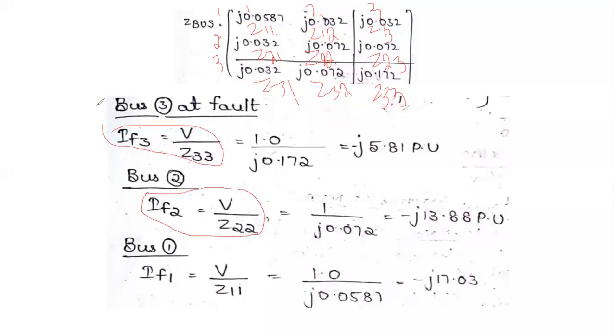That is the fault current at bus 2. Next, fault current at bus 1. Therefore IF1 is equal to V by Z11. V is 1 and Z11 is J 0.587. This is the formula for fault currents at various buses.